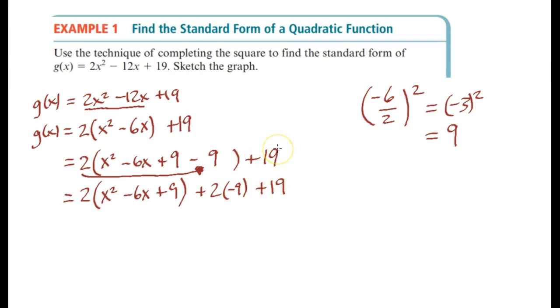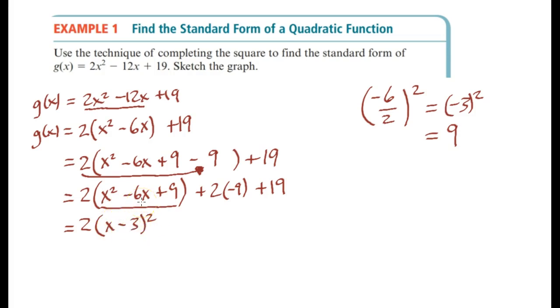Now at this point, we want to factor this expression. By completing the square appropriately, this should factor very nicely: 2 times x minus, and then half of this value. Half of negative 6 is negative 3, and that's what we'll factor to.